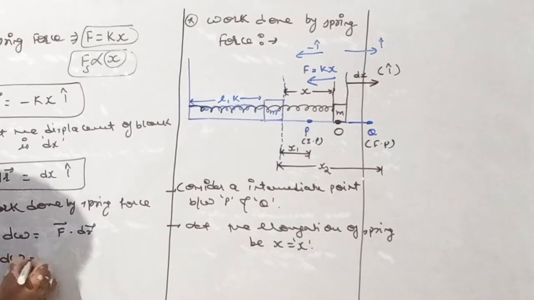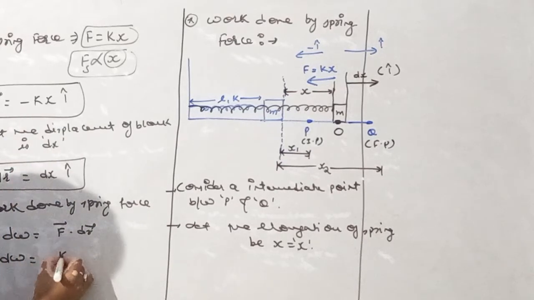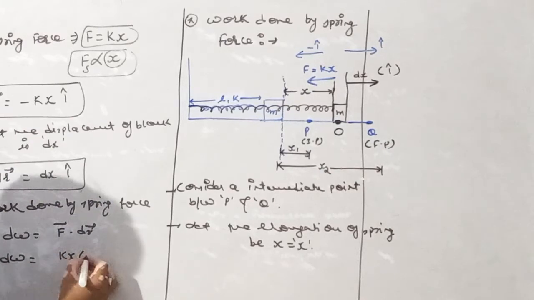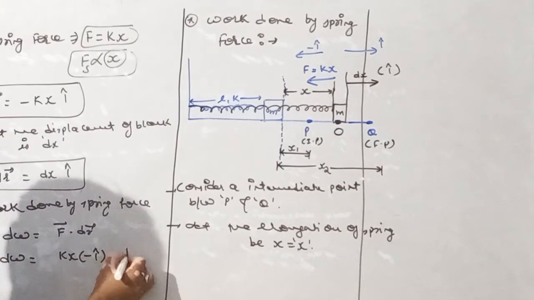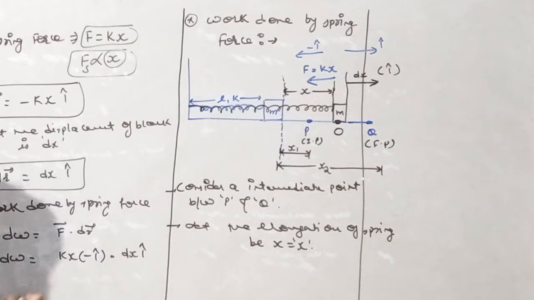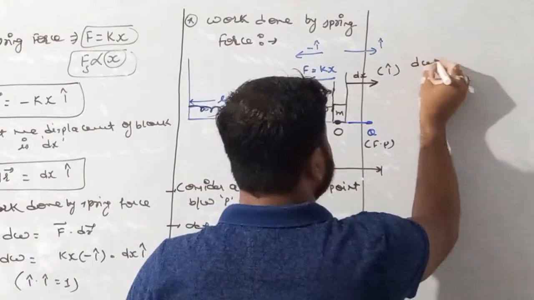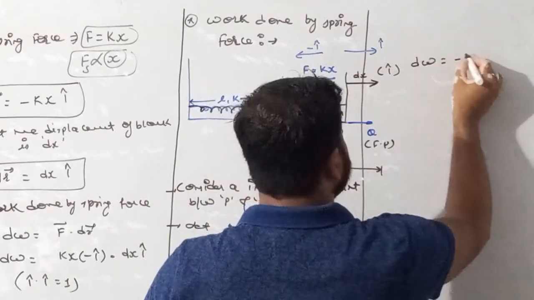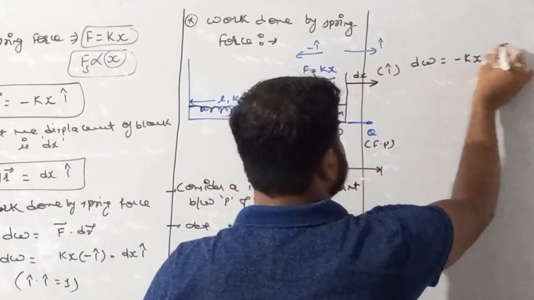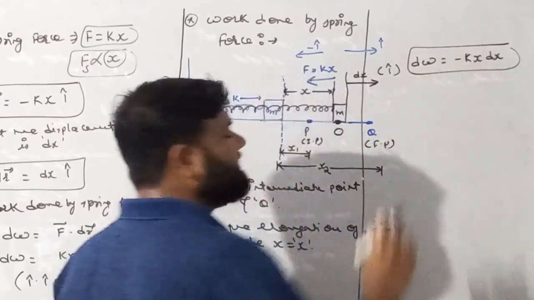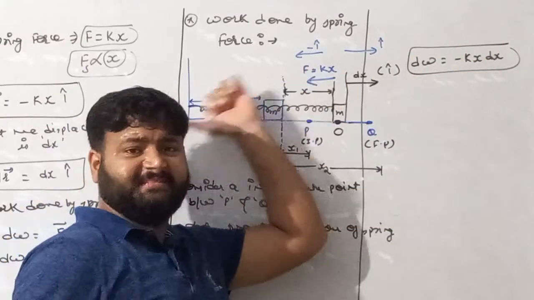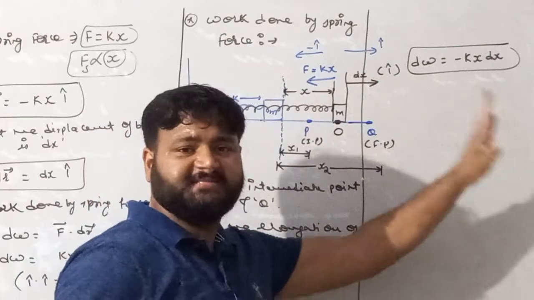So dw is equal to F vector, that means minus kx i cap, dot dx i cap. Now we all know that i dot i becomes equal to 1, dear student, so dw becomes equal to minus kx dx. See, here the negative sign indicates that force is in this side and displacement is in this side.